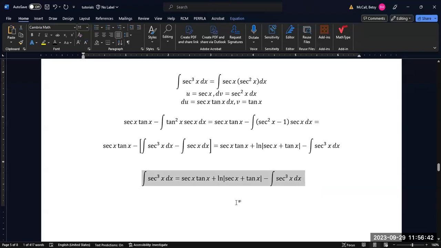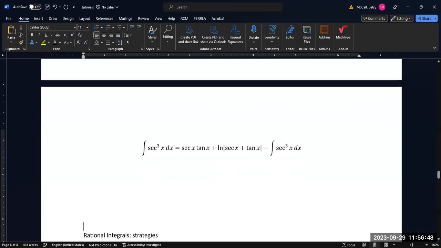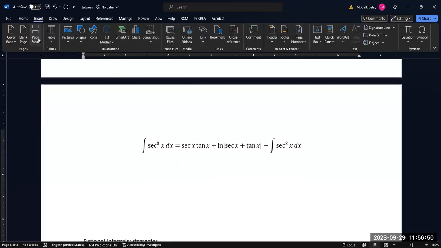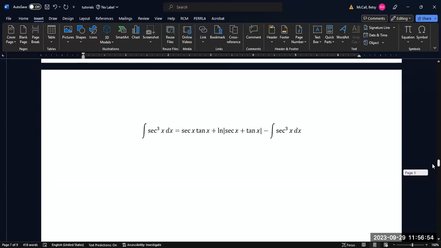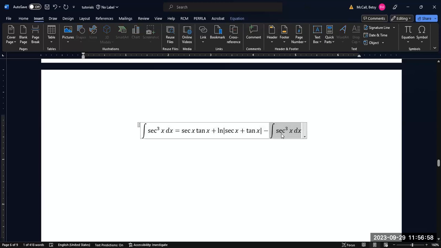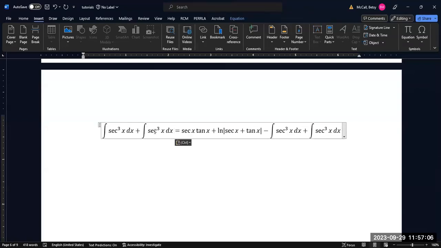Just to make it crystal clear what is happening, I'm going to add this integral and that integral.